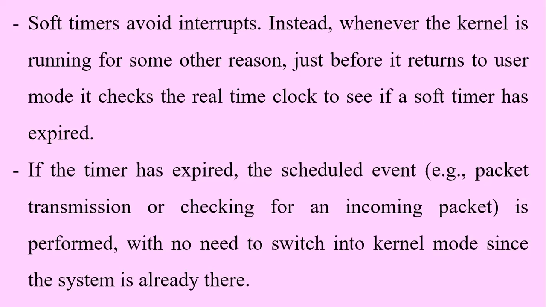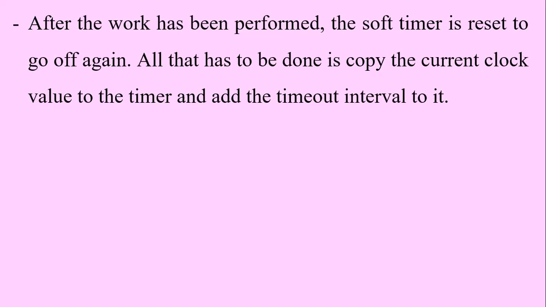If the timer has expired, the scheduled event, for example, a packet transmission or checking for an incoming packet, is performed with no need to switch into kernel mode since the system is already there. After the work has been performed, the soft timer is reset to go off again.